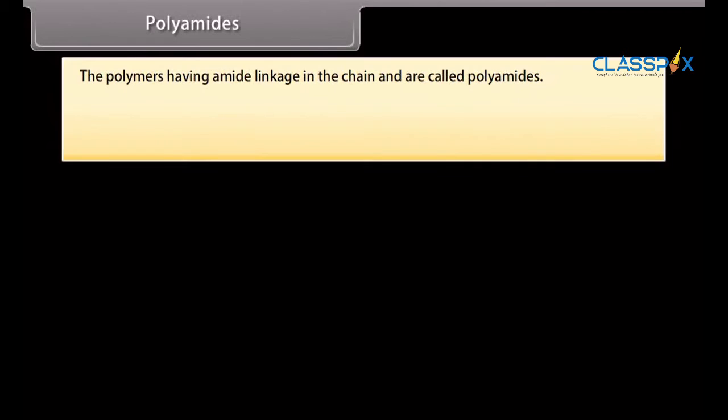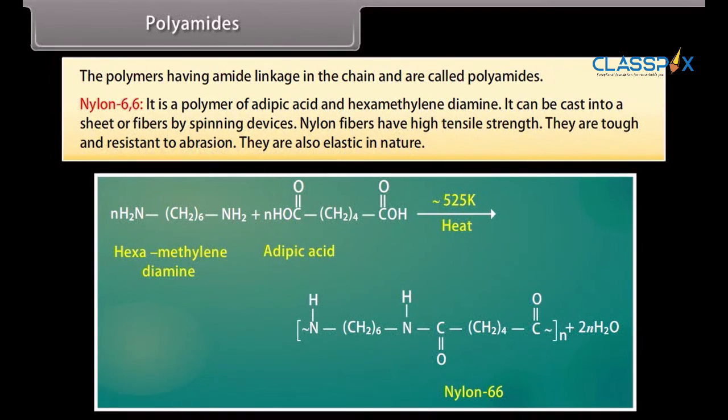Polyamides. The polymers having amide linkage in the chain are called polyamides. Nylon 66. It is a polymer of adipic acid and hexamethylene diamine. It can be cast into a sheet or fibers by spinning devices. Nylon fibers have high tensile strength.